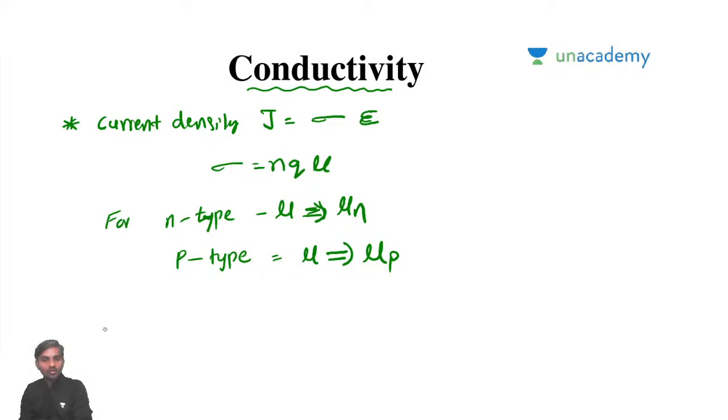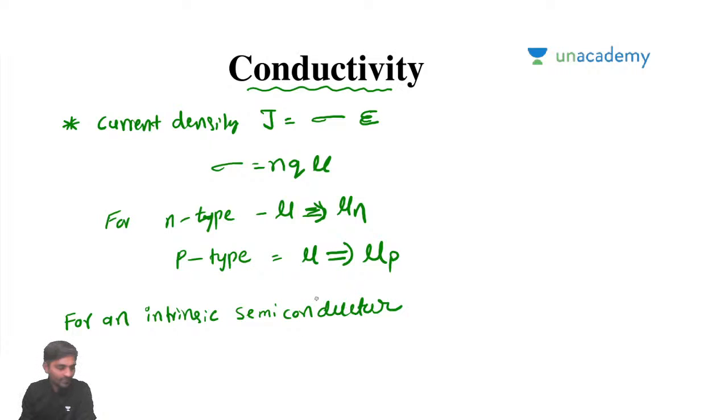For an intrinsic semiconductor, both electrons and holes will exist.